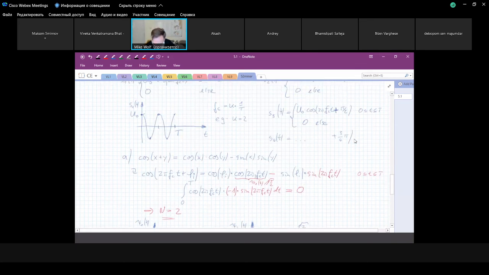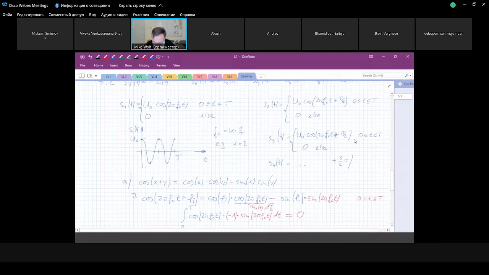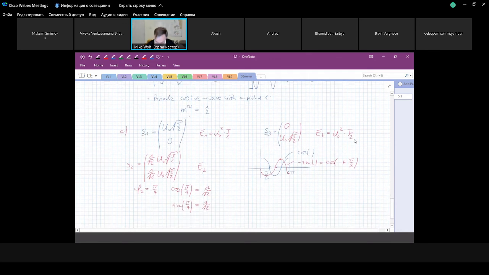It only differs in a phase shift from S1, or S2, sorry. Now let's calculate this. If we write this a little bit differently first, we could say this is the same as if I put this square root of 2 within this square root. Or is it required? No, it's not required. It's nice as it is.